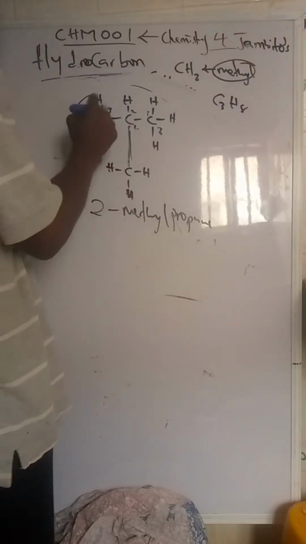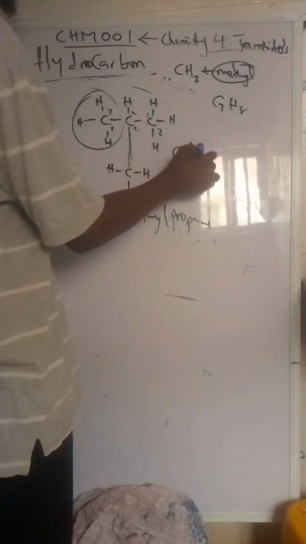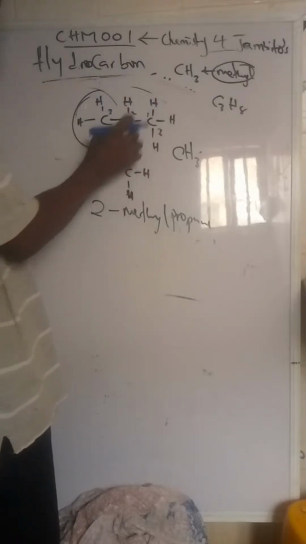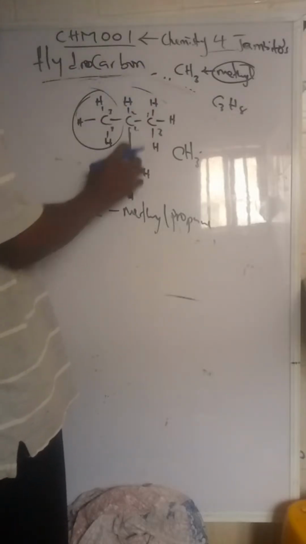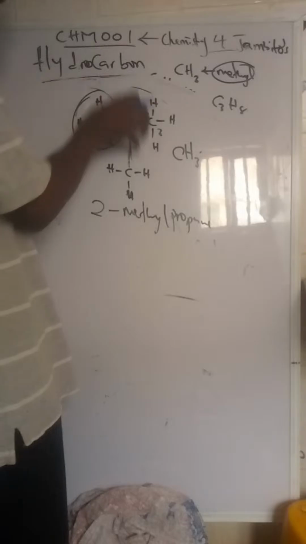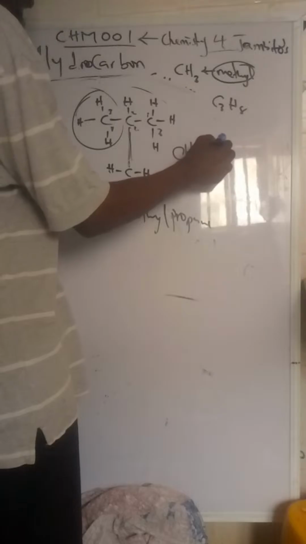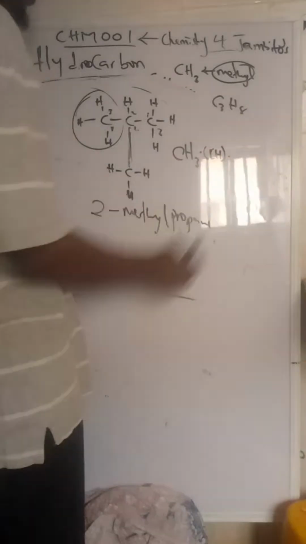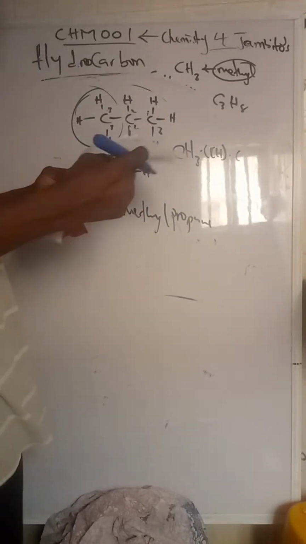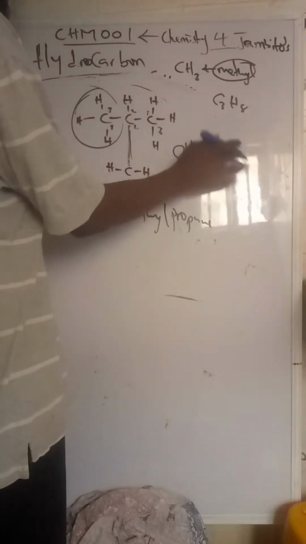But this is the normal formula for propane. But as it is like this, the way we can rewrite this, because it is condensed, the first one here is what? CH3. And the middle one, we cannot pick it together like this. So we first deal with the one that has the branch name, but let us pick the one that is unbranched. So this one here is CH3, so CH come first, sorry, I think there's an error.